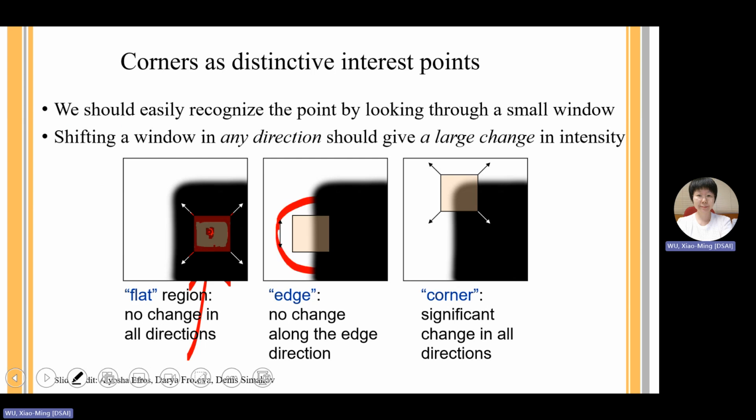Then what about this one? The y derivatives are all zero, right? For all the pixels within this window, their y derivatives are zero because there's no change along the vertical direction. Every column is the same.